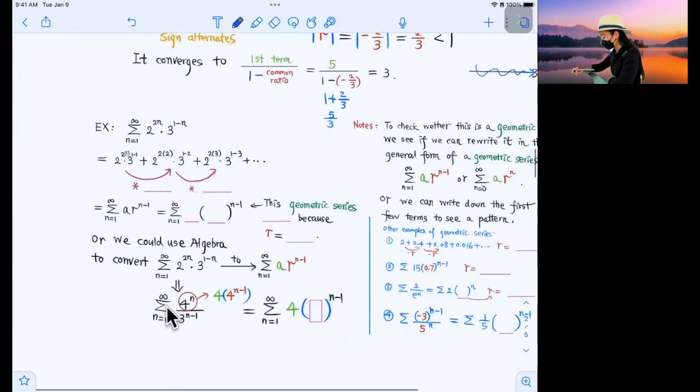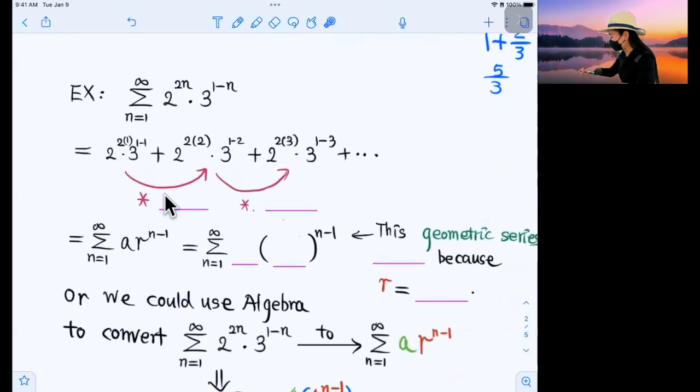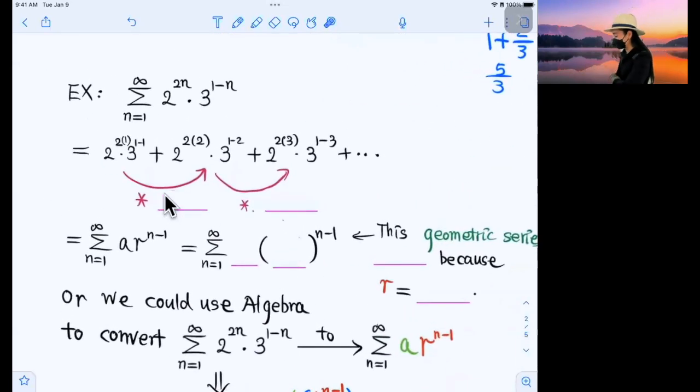What about this series over here? I said it's a geometric series, but let's find out what the common ratio is. Let's find the first couple of terms to get a feel for the series. From one term to the next, what do you multiply by? What happened to the exponent on 2?